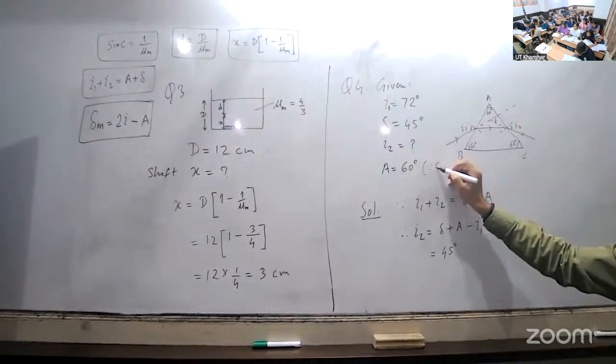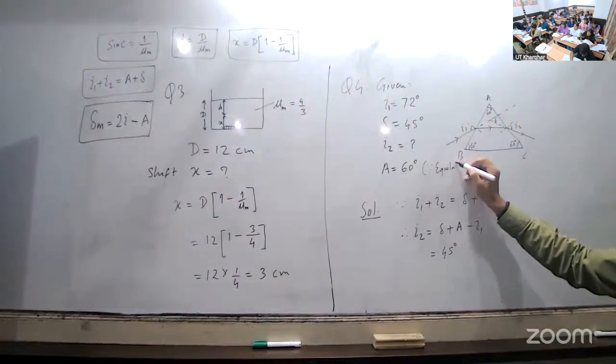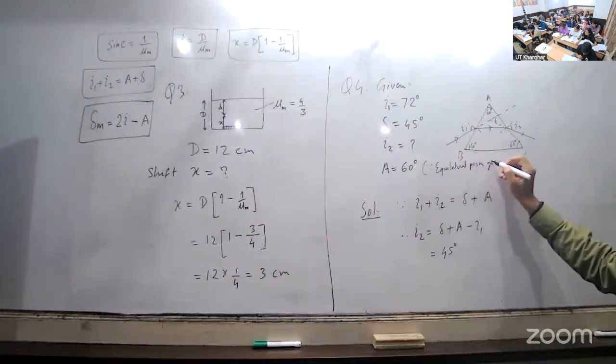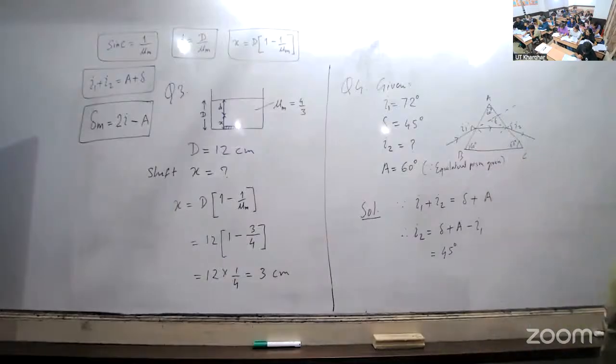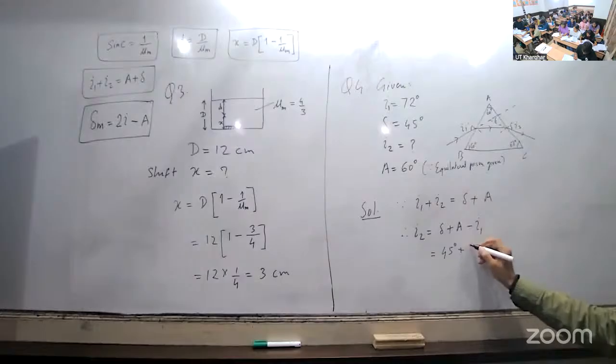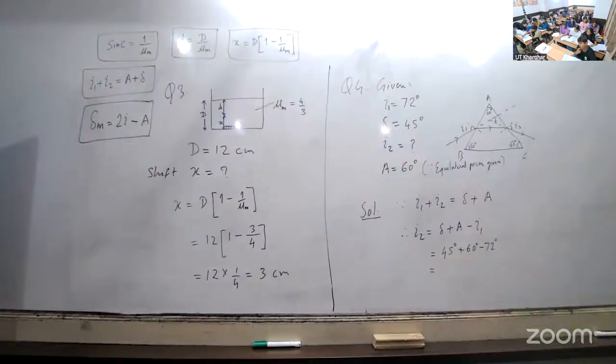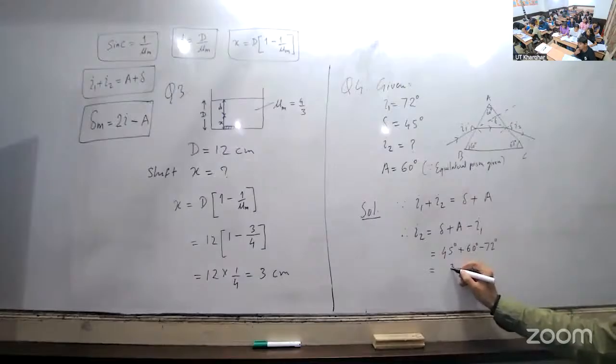A is 60, equilateral. This is given, so you have to infer that. Okay. So 45 plus 60 minus 72. How much is this? Minus 12. So 33.